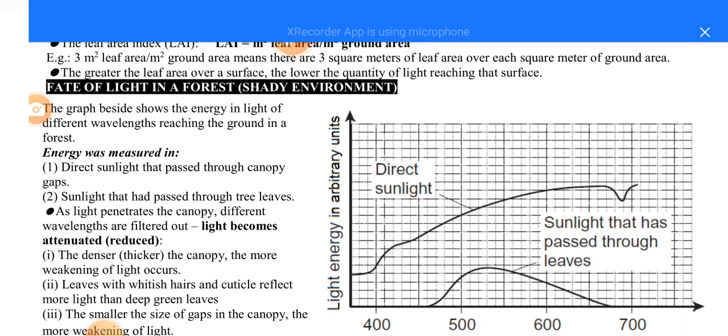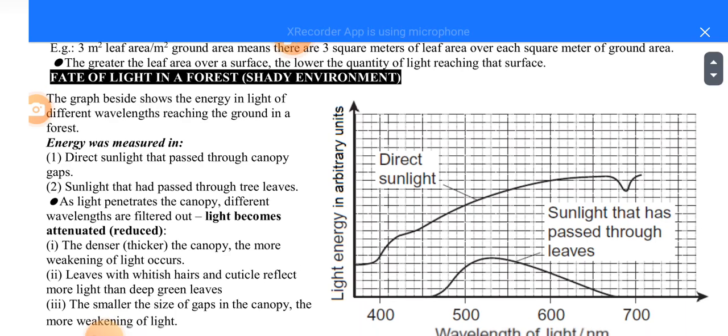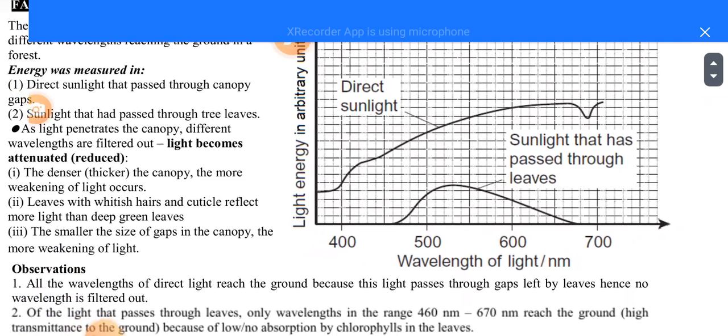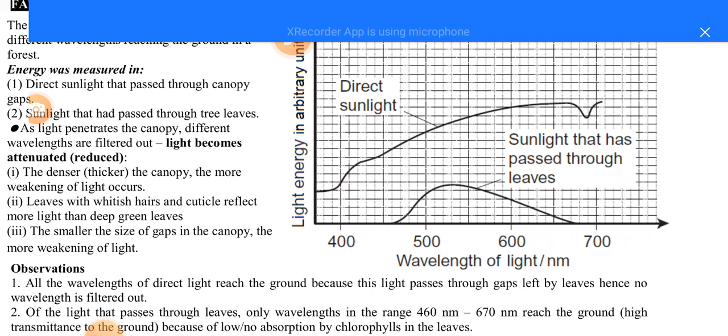Then leaves with white hairs and cuticle reflect more light than deep green leaves. I don't know whether you have ever seen such leaves with white hairs on their surface; they reflect more light than the deep green leaves. The deep green leaves absorb more light than the white leaves which have hairs.